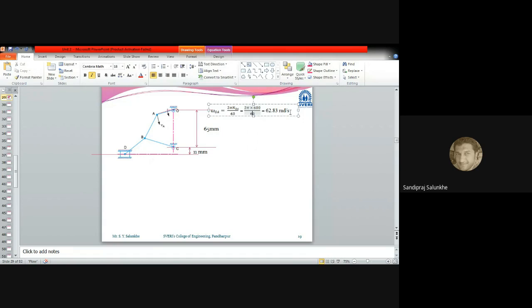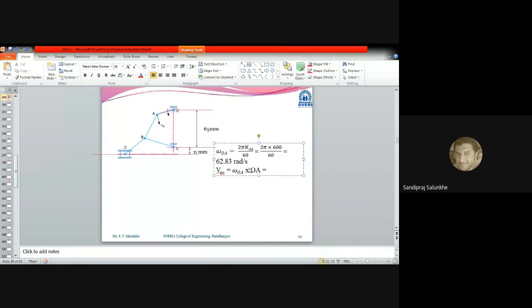From this, we have to calculate the linear velocity of point A with respect to O. So velocity of point A with respect to O is equal to V is equal to R omega, where omega is the angular velocity of link OA multiplied by the OA distance.